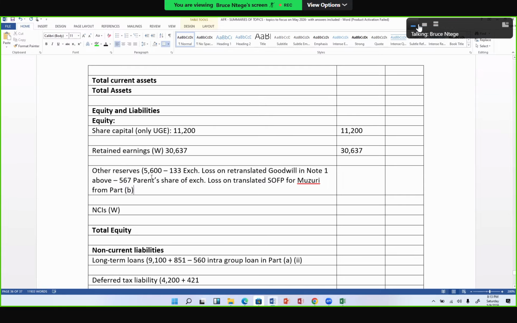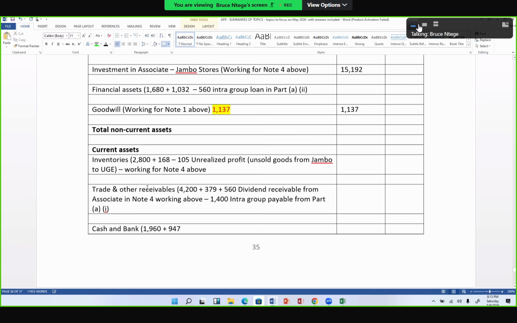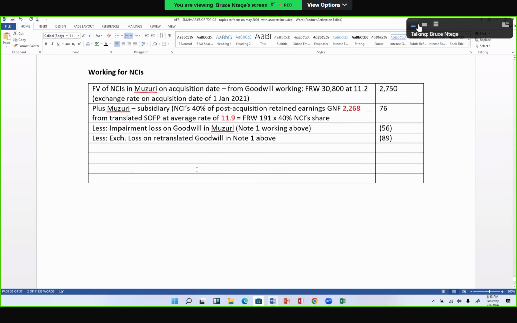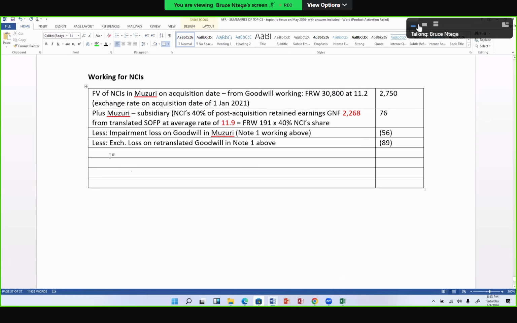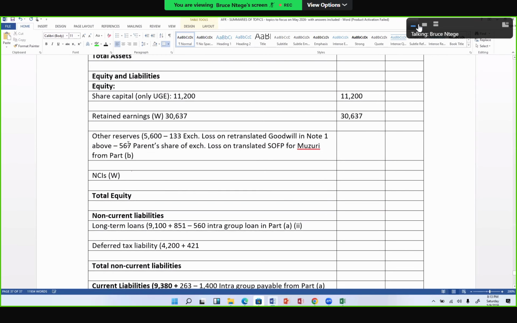Now, I also need to do the same for the non-controlling interest. For the non-controlling interest, we're getting a 378 figure there. So I'll have that working called non-controlling interest, which I had not yet finished totally. I'll come in here and say less. I can pick this description so that I don't have to write again.